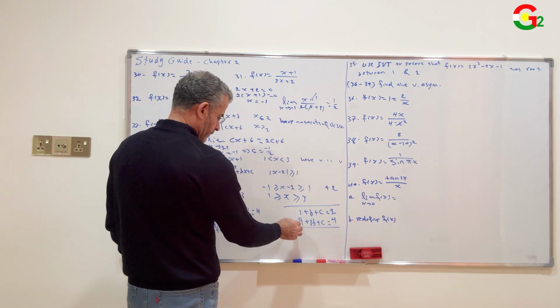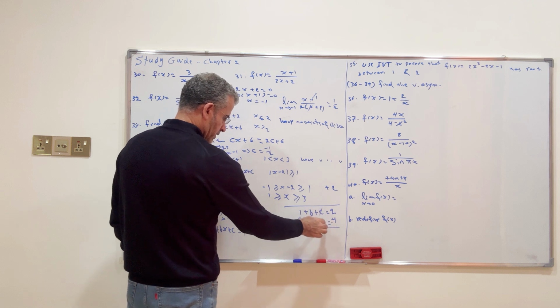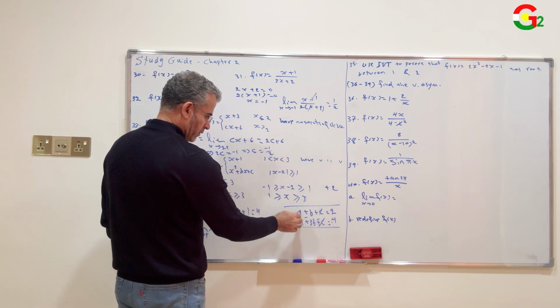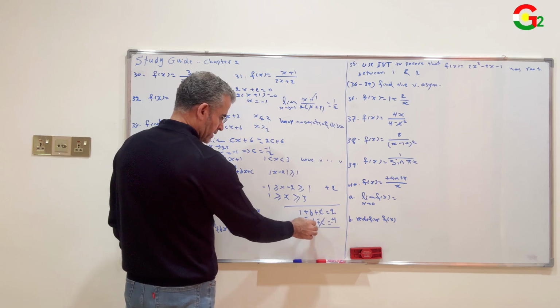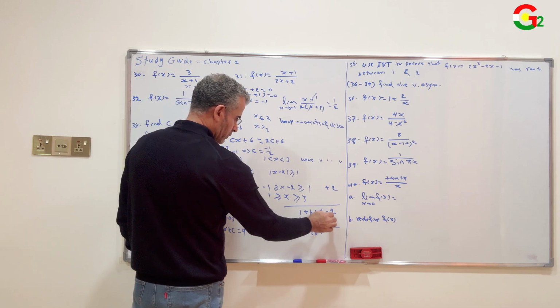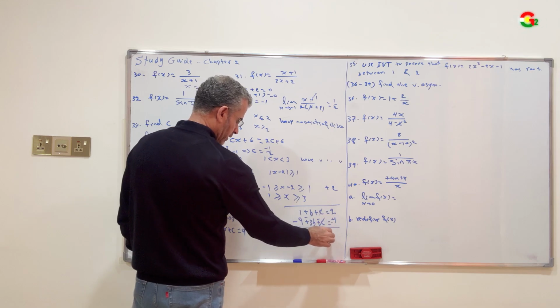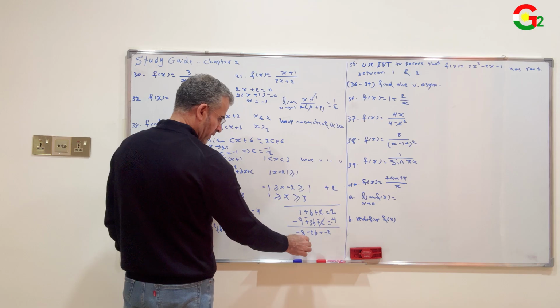Subtract these two equations. c minus c, 1 minus 9 is negative 8, b minus 3b is negative 2b, equal to 2 minus 4, negative 2. Solve this equation to find the value of b.